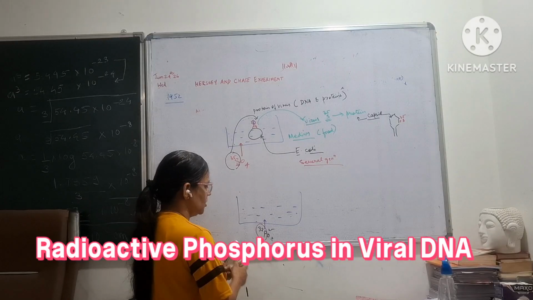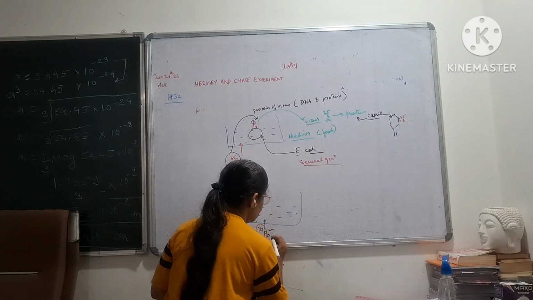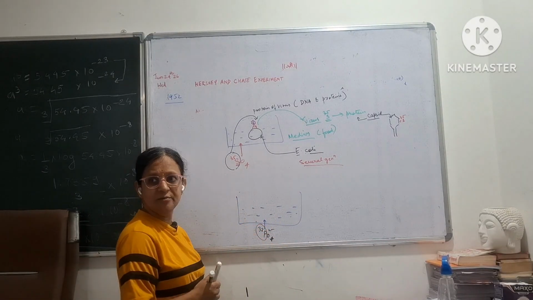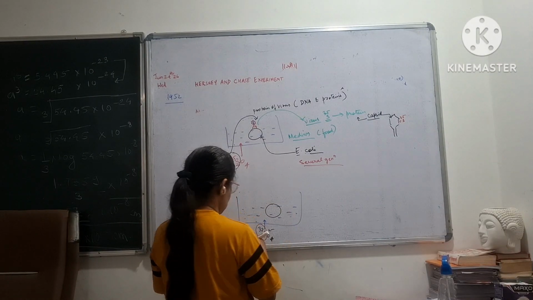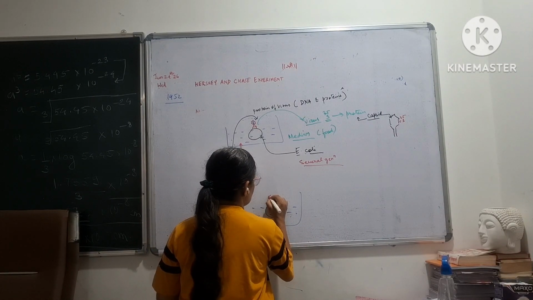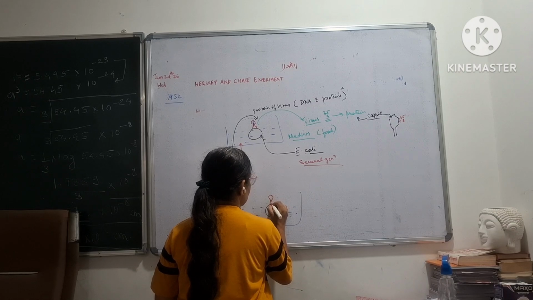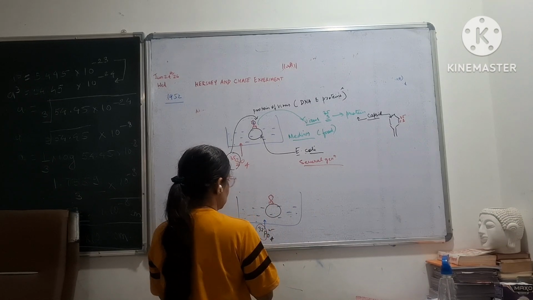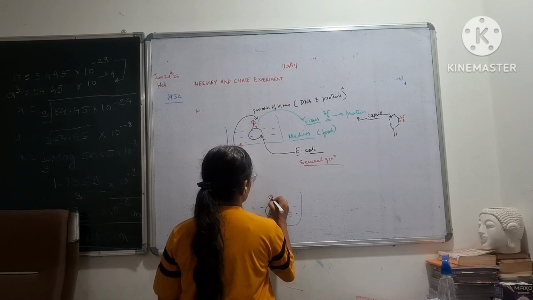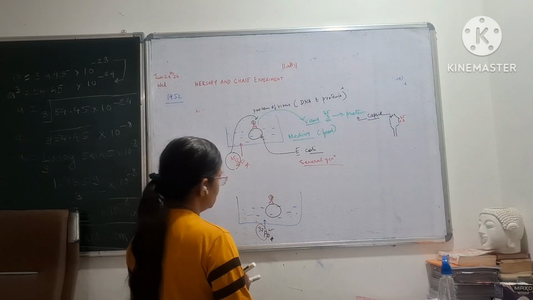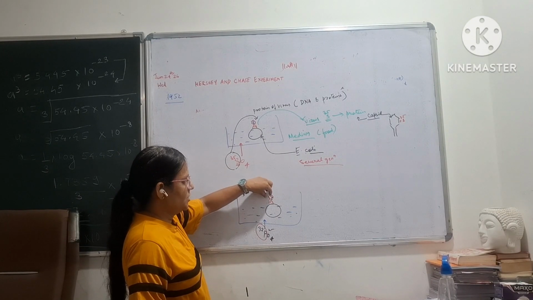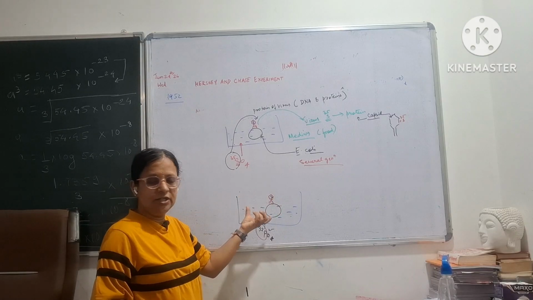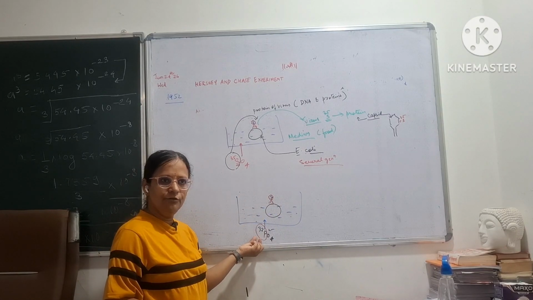So they added the radioactive isotope and carried out the same experiment: you have the bacterial cell and the bacteriophage infecting it, and say this is the genetic material of the virus. For several generations they allowed this virus to infect the bacteria in a medium containing radioactive phosphorus.